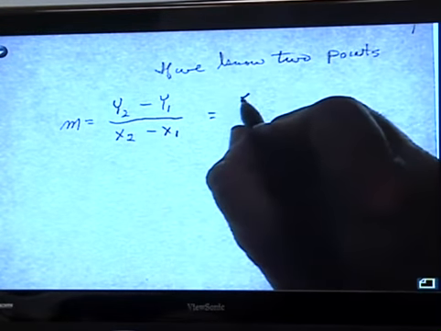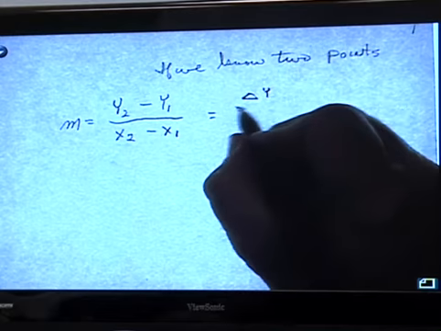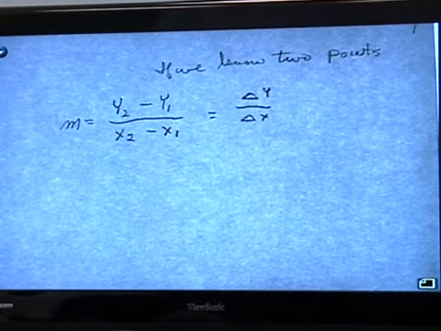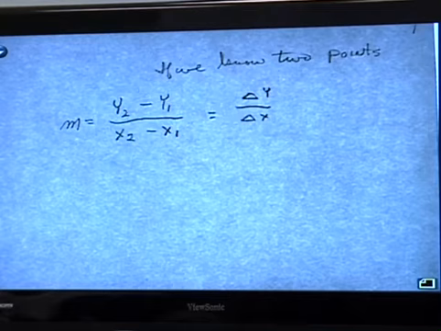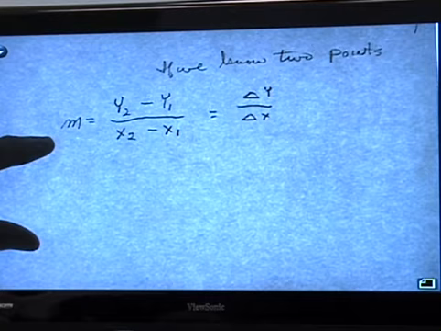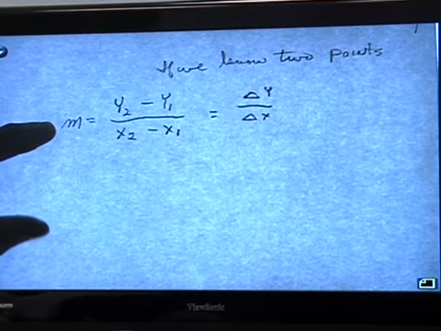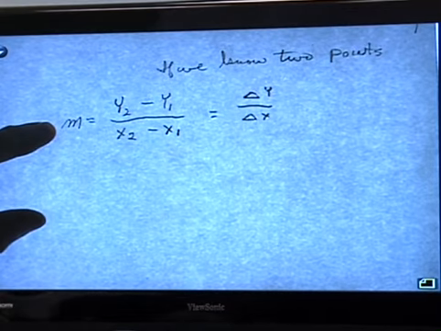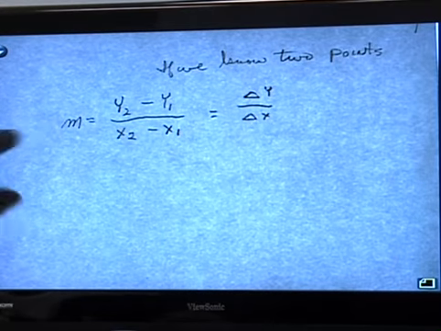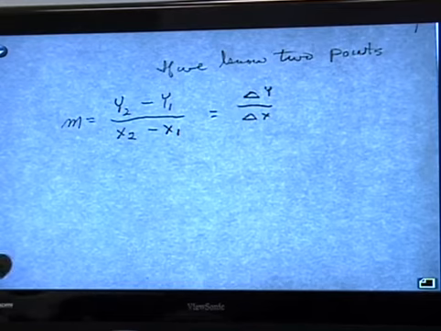Remember, this was the change in y divided by the change in x. And that gave us the slope. Now we're going to use this equation to develop a new equation that's going to give us an equation for a line when we know the slope and 1 point.